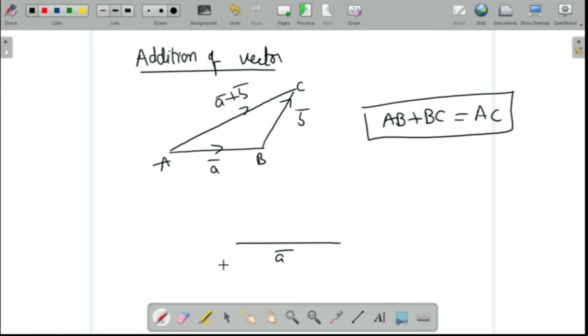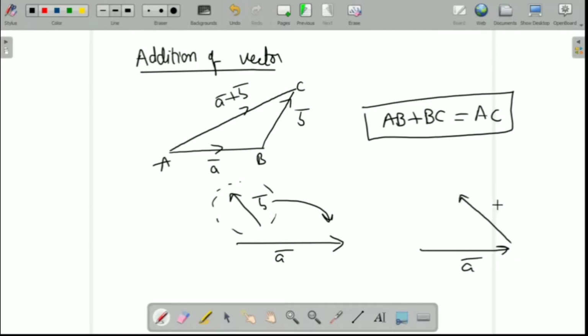This is the a vector in this direction, and this is the b vector in this direction. In order to add these vectors, I am bringing this part to the right hand side. This is the a vector and this is the b vector, meeting at 2 points here. This is the resultant of vectors a bar plus b bar.